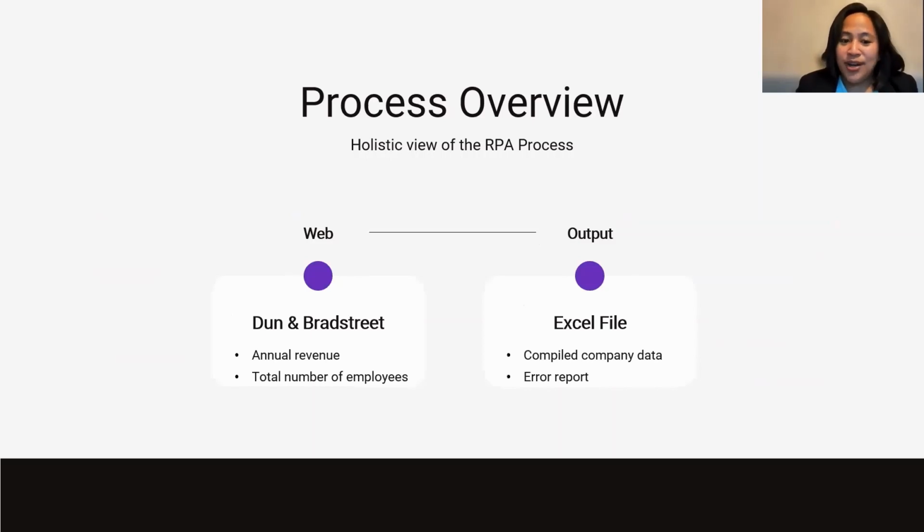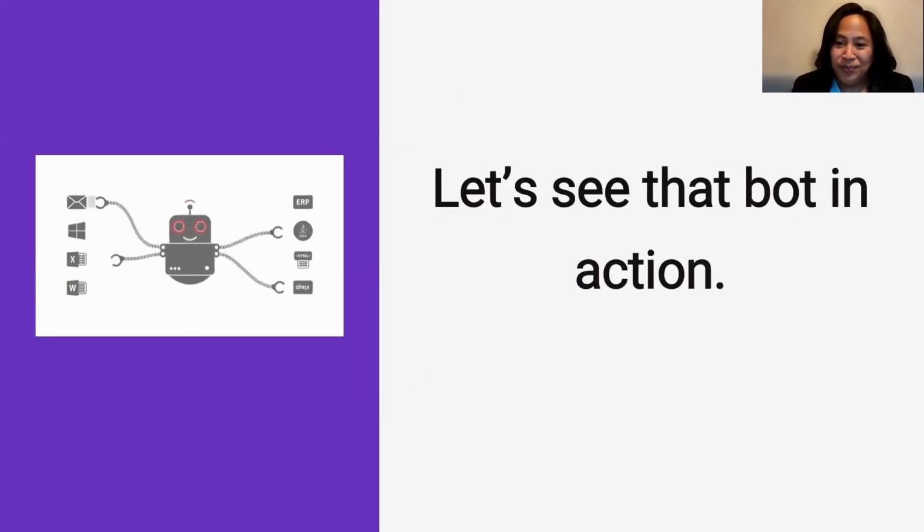Then go to Dun & Bradstreet to grab these numbers and then produce an output file of the compiled company data. It sounds like a lot of work. And considering you might have 16 or maybe 100 companies to go through, this will take a lot of time. So without further ado, let's see that bot in action.